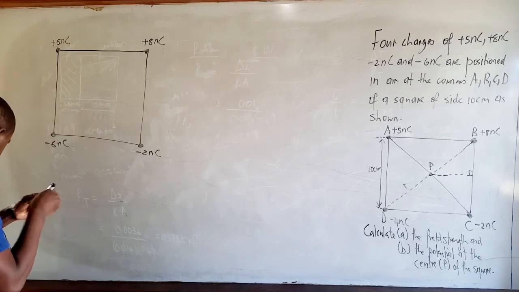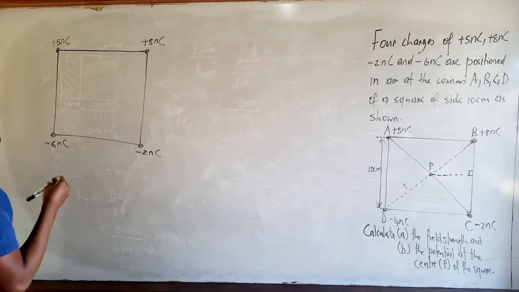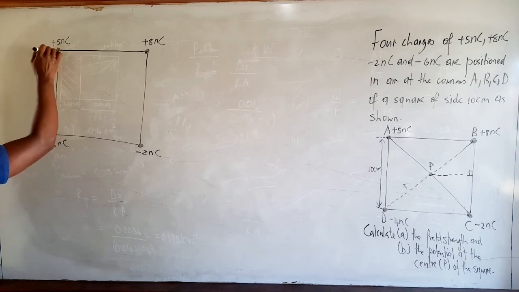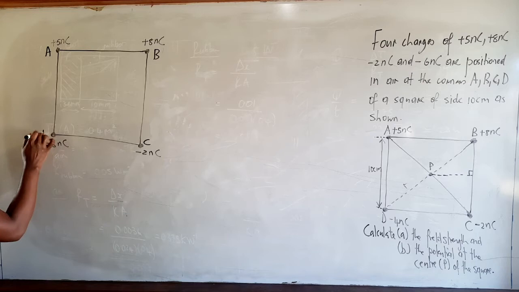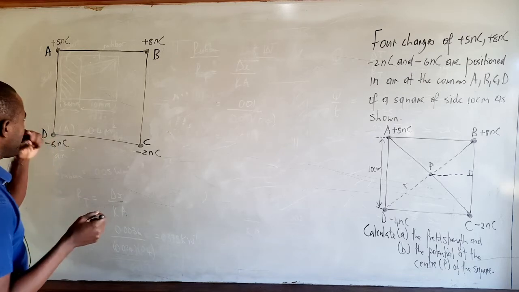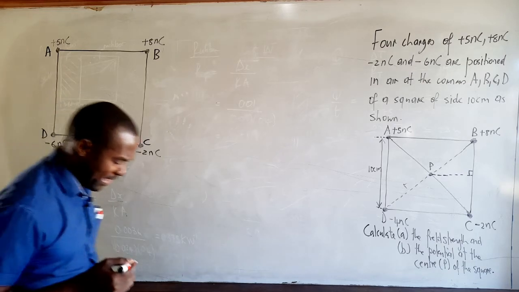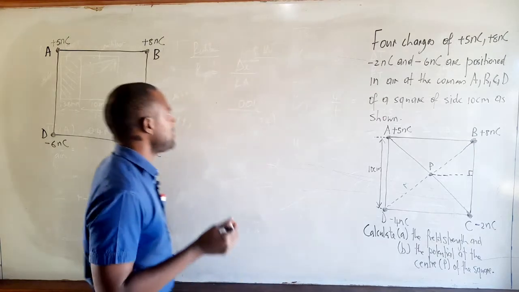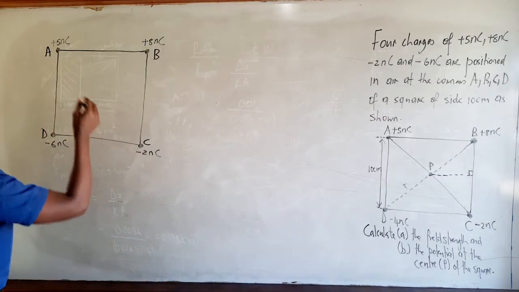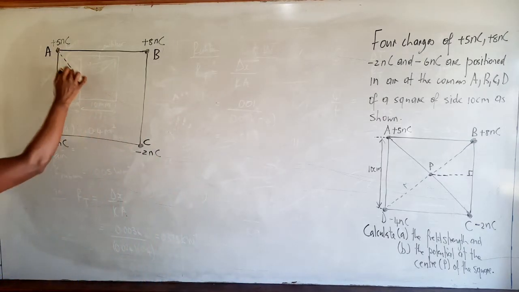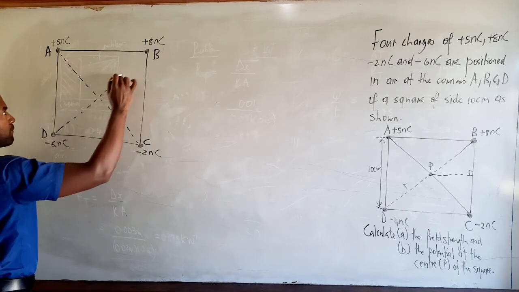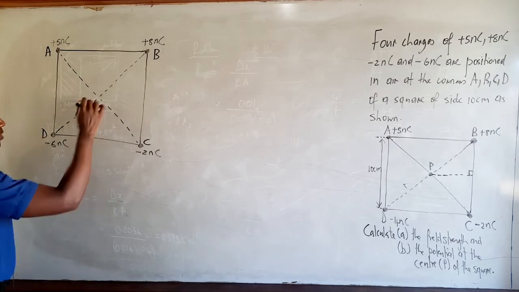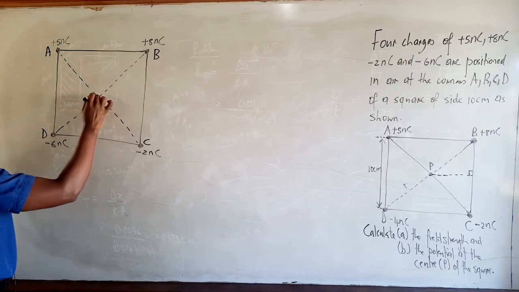And of course, this is point A, B, C, and D. And we want to find the electric field strength at the center of the square, P. Right? So let's just put back the diagonals. Good. Now this is the center of the square P.